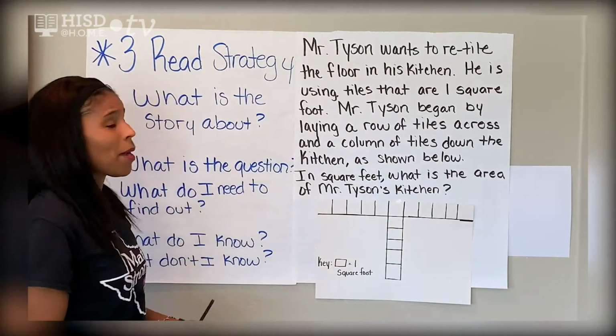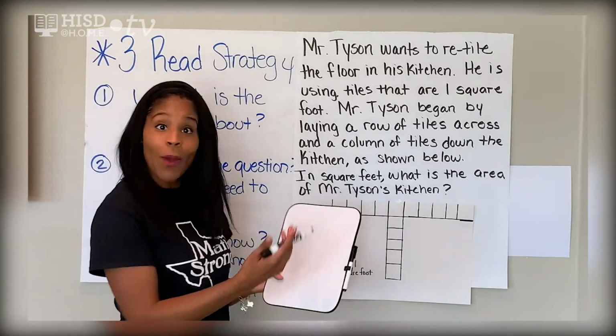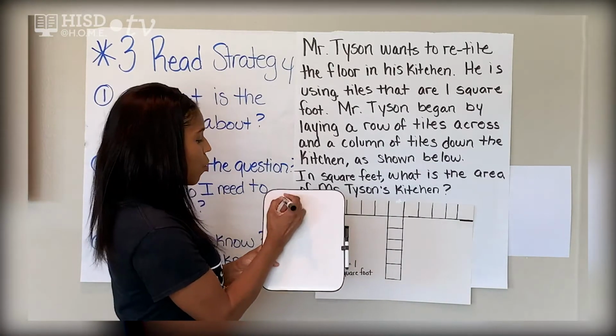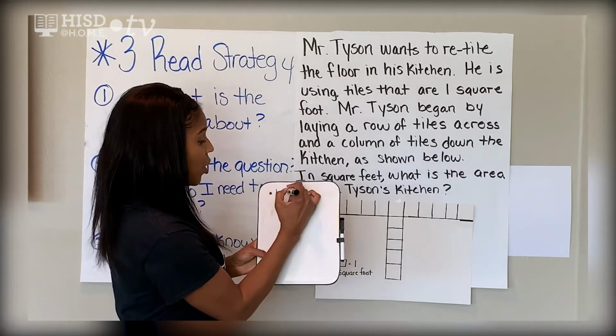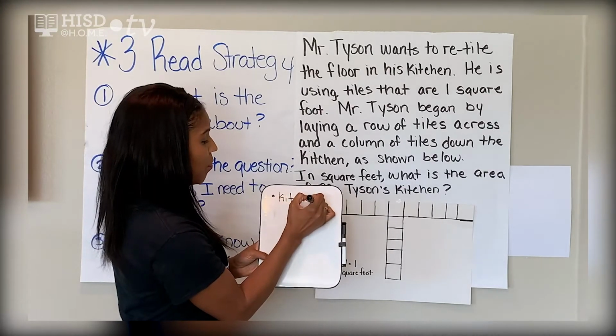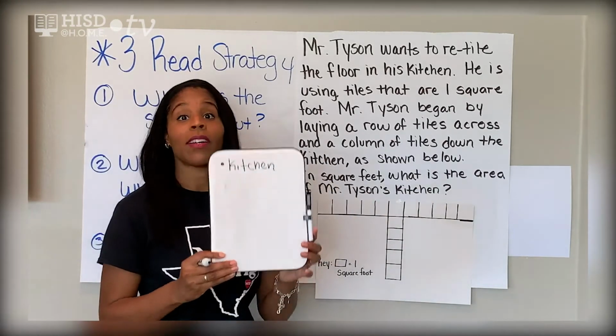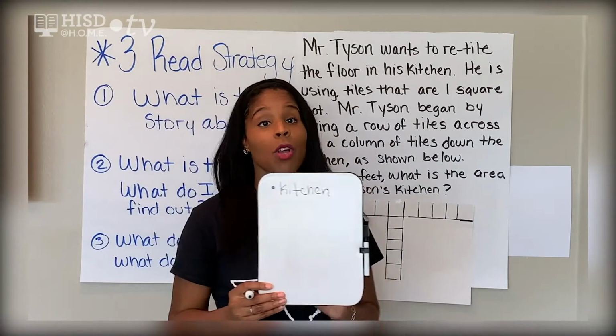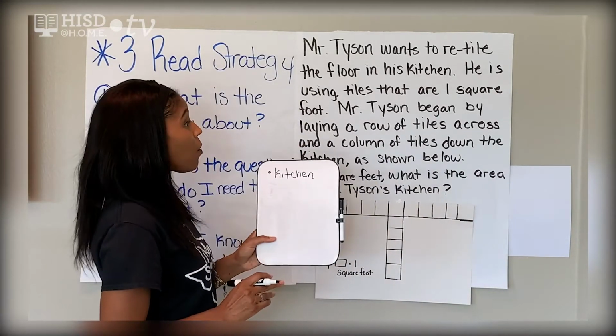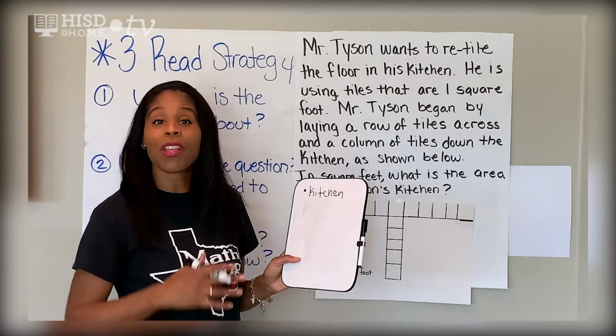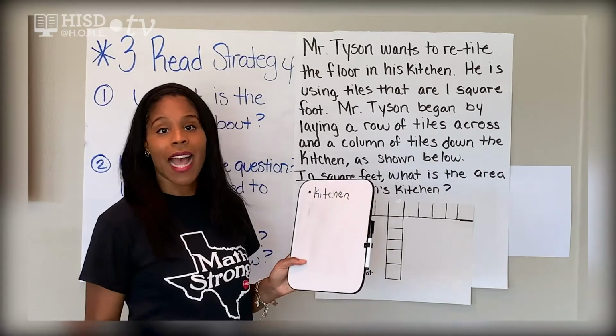So now we want to think about, what is our story about? And we know we're going to write some things down. We know that our story is about a kitchen. We also know that it's about laying down some tiles, completely covering the tile floor.